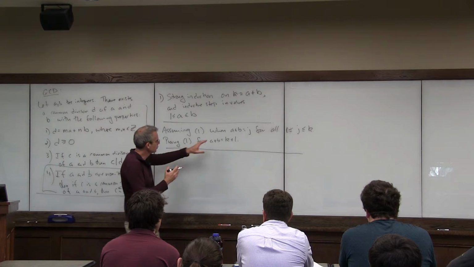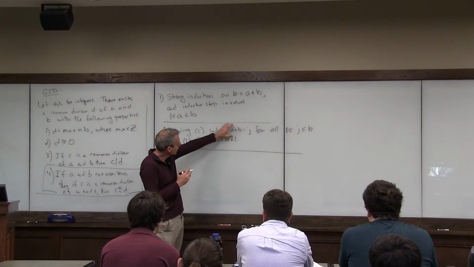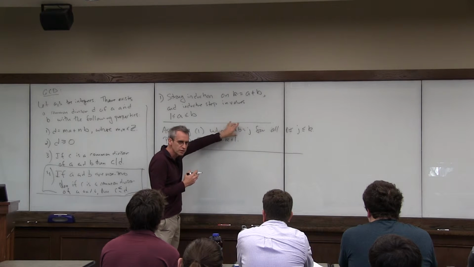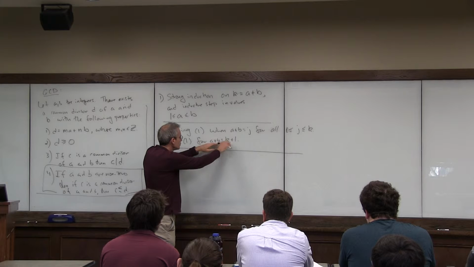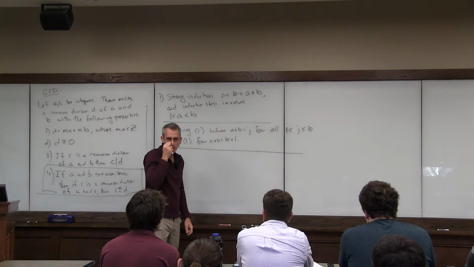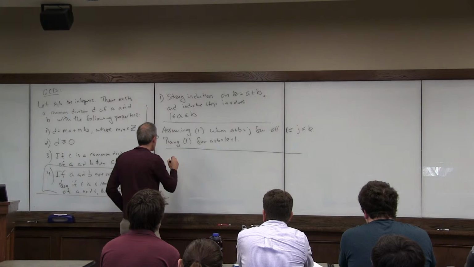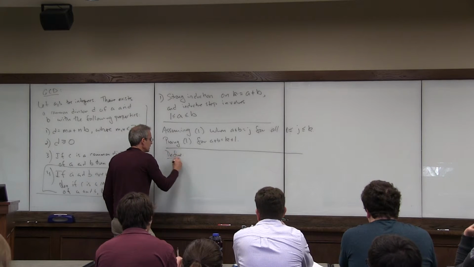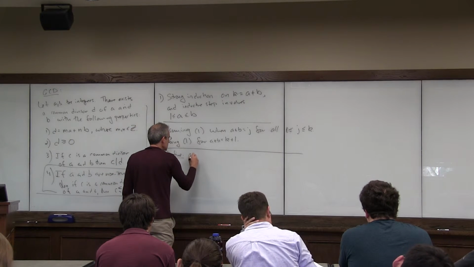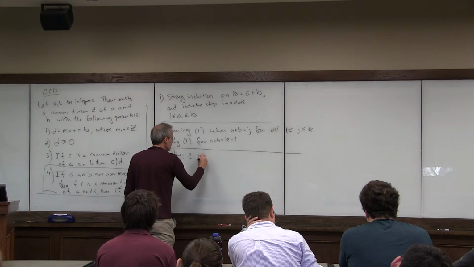So what we're going to do is figure out a way to get our new numbers from A and B, but in such a way that we can reduce their sum. And the way to do that is to let C be equal to B minus A.